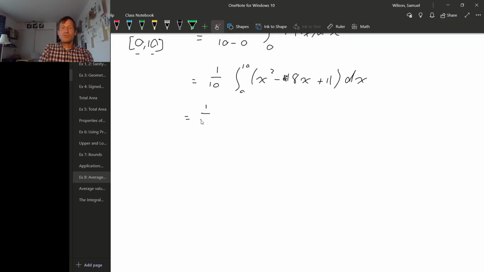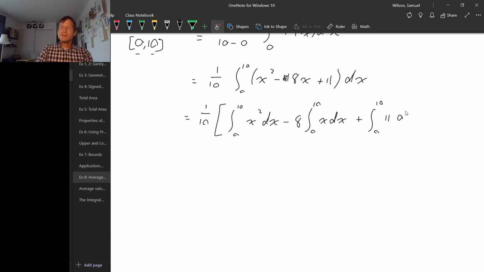So we get 1 over 10 times the integral from 0 to 10 of x squared dx minus, also we can move this constant multiple of 8 outside of the integral, 8 times the integral from 0 to 10 of x dx, plus the integral from 0 to 10 of 11 dx.